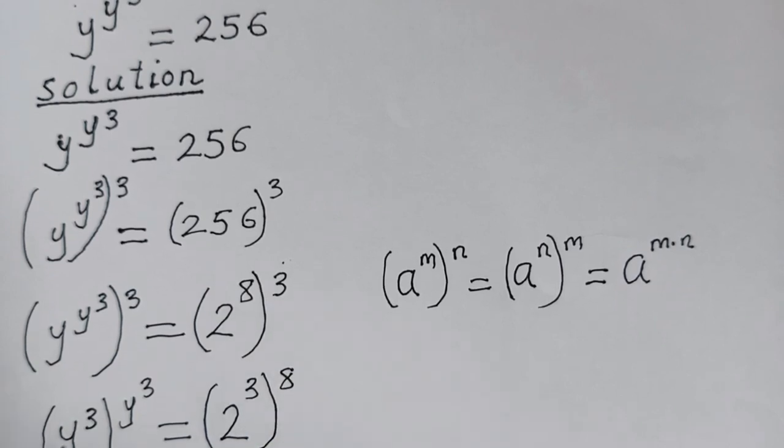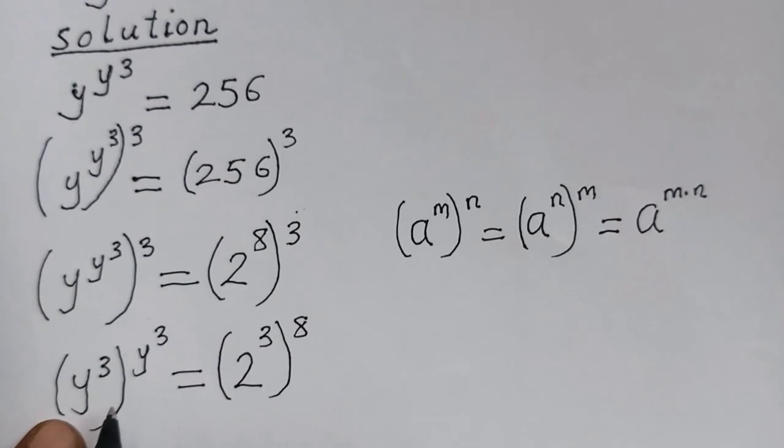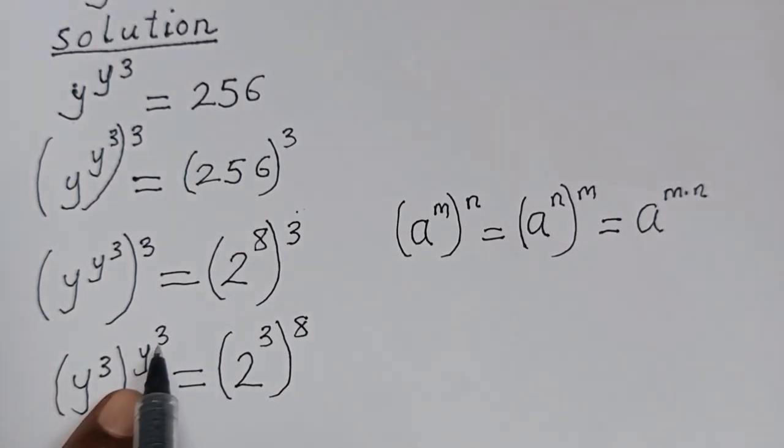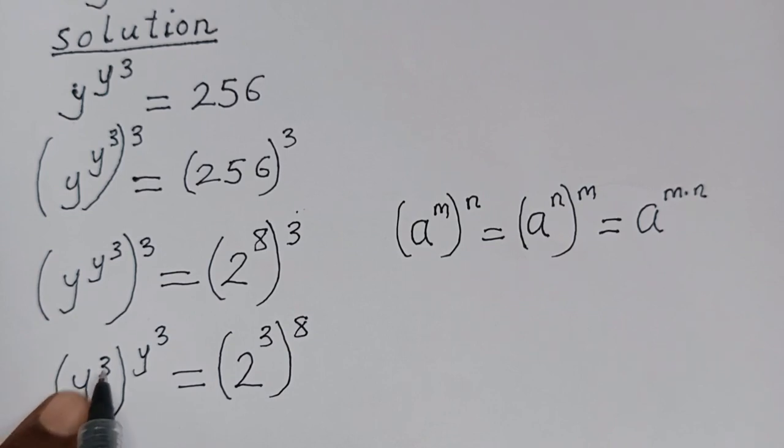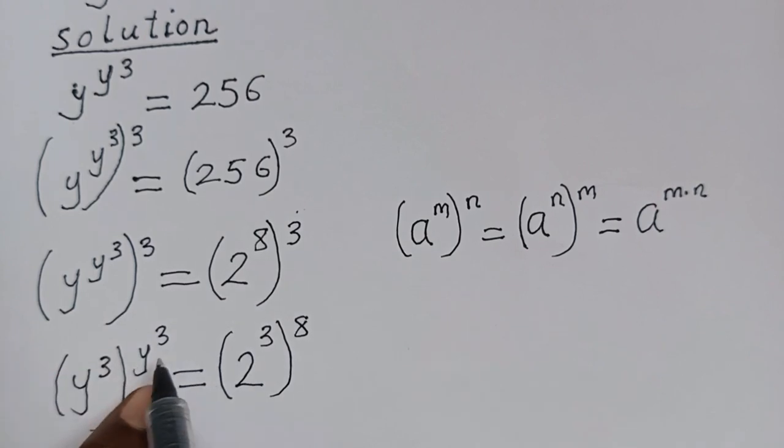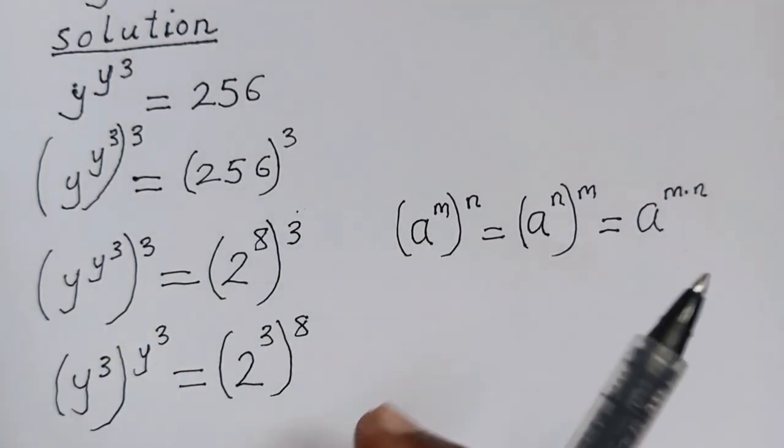As you can see here, the base inside the bracket, y raised to power 3, equals the exponent, which is y raised to power 3. The exponent and the base inside the bracket are the same.